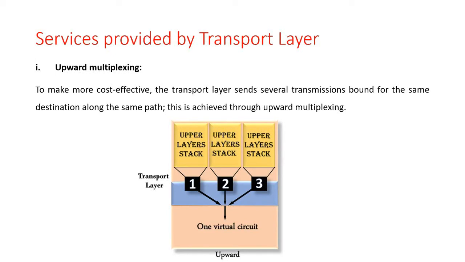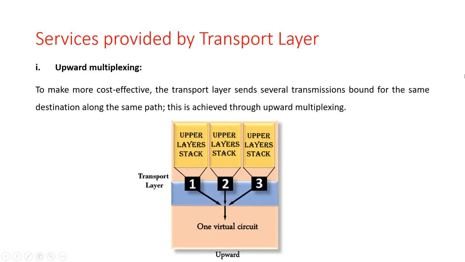To be more cost effective, the transport layer sends several transmissions bound for the same destination along the same path. This is achieved through upward multiplexing.